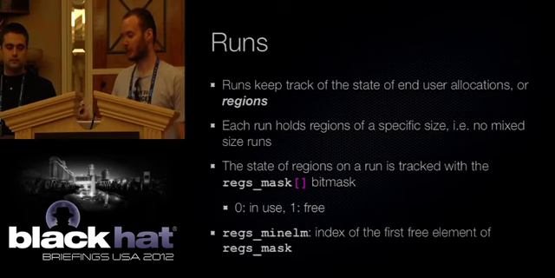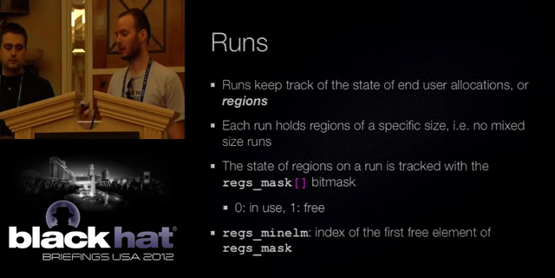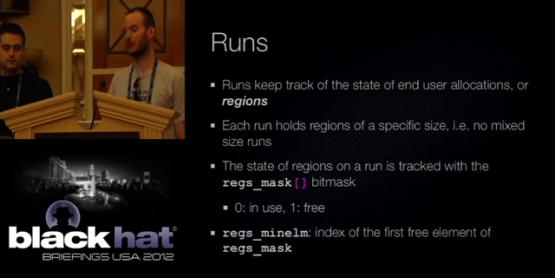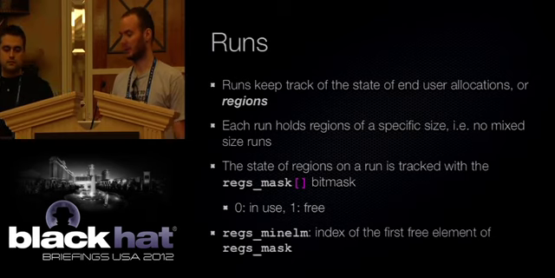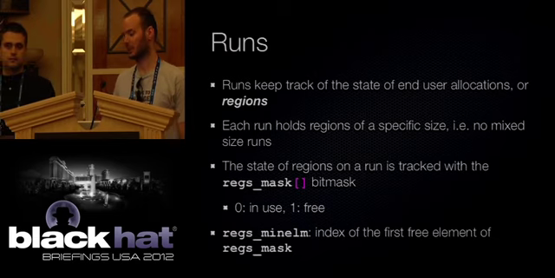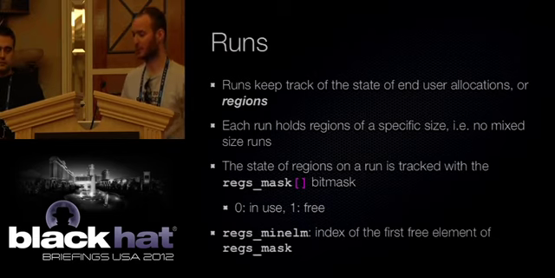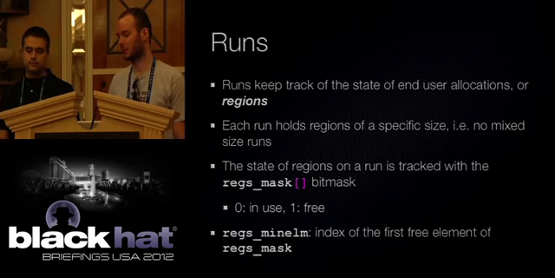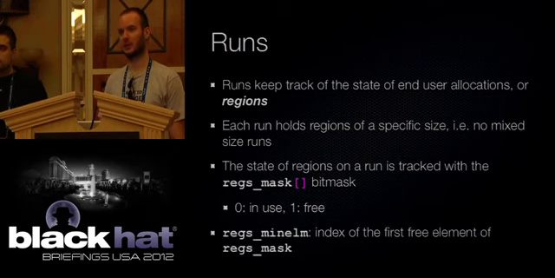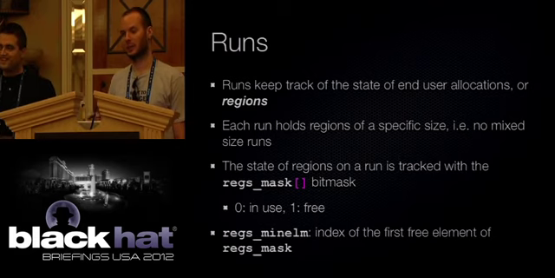In order to keep track of the state of each region, a run contains a special bit vector called regs_mask. When a bit is set in this bit mask, it indicates a memory region that is free, and when a bit is unset, it indicates a region that is in use. As an optimization, Jemalloc uses a special index in this array called regs_minelm, which points to the first region within the run that is free.